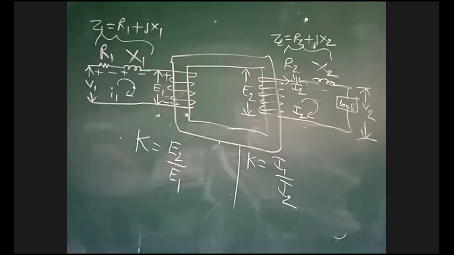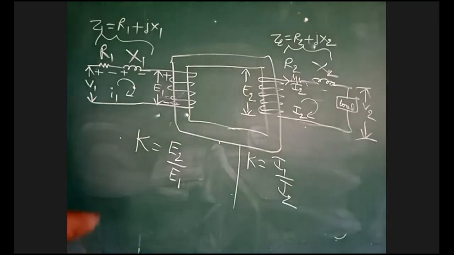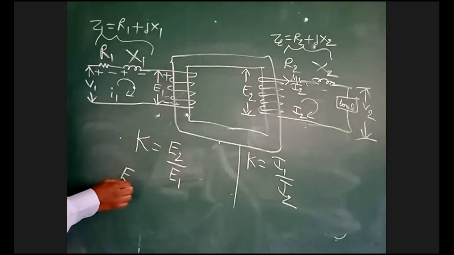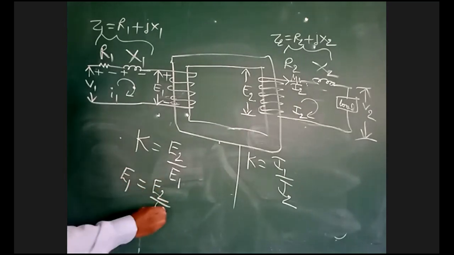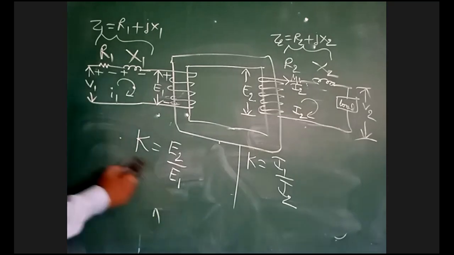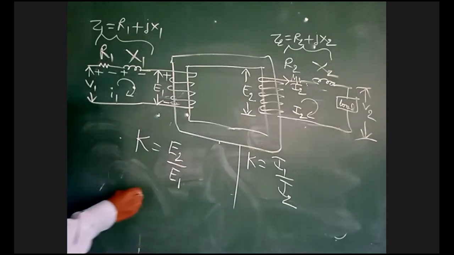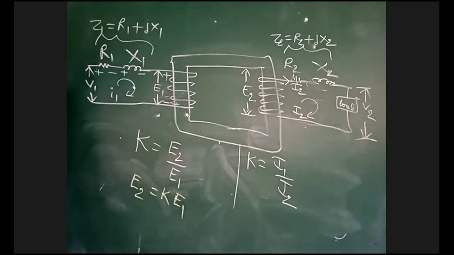Now if you observe here, E1 is equal to E2 by K. Otherwise, E2 is equal to K into E1. No, sorry.